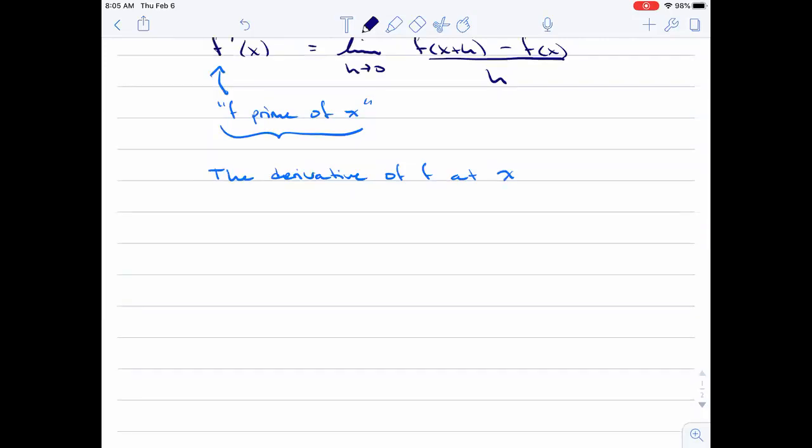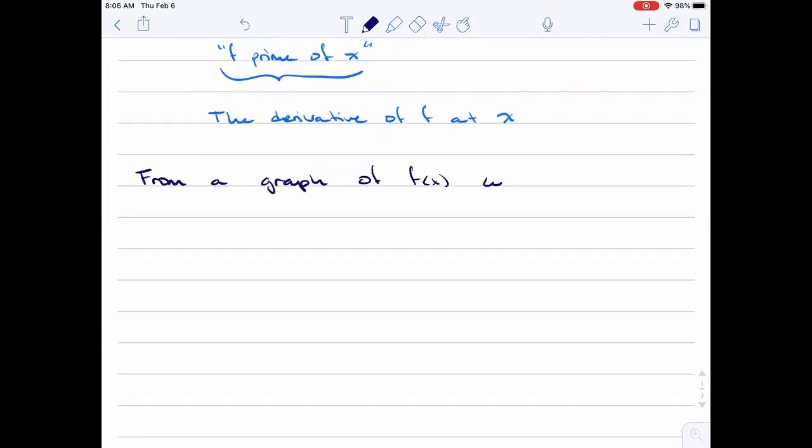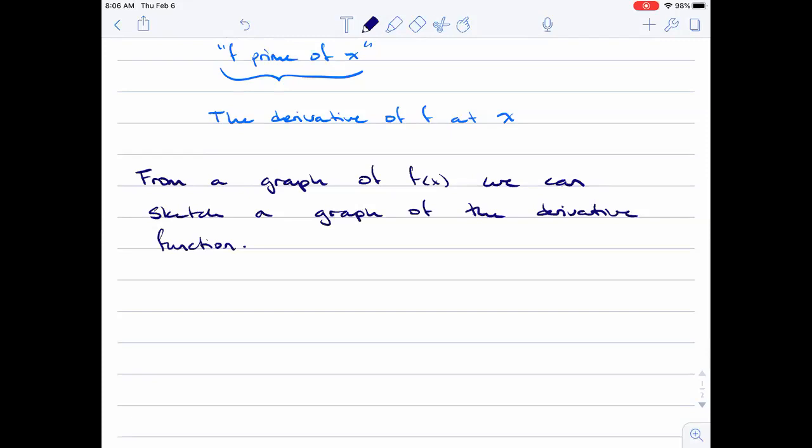So from a graph of f of x, we can sketch a graph of the derivative, because the derivative is a function as well. So I'm going to add that, the derivative function, since it's going to have an x in it too.